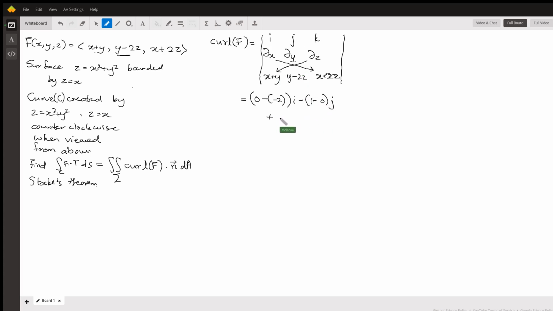And for the k component, we just need to find the derivative of this with respect to x, which is 0, because there's no x here, and the partial derivative of this with respect to y, which is 1, so we get negative 1.